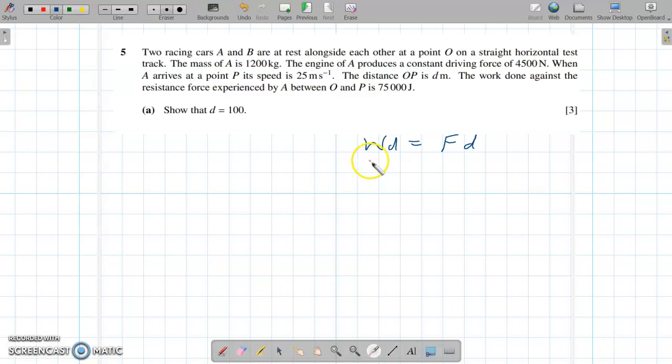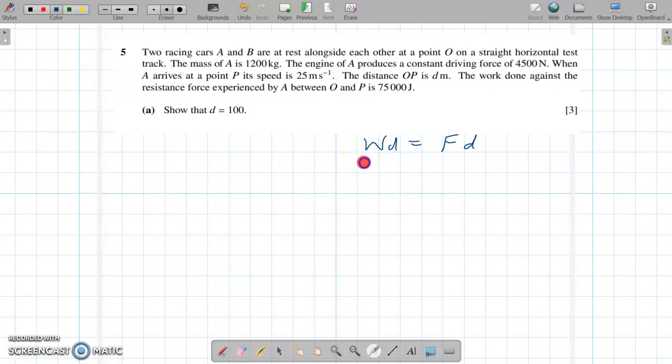Now, this is specific to a certain force. For example, the work done by the engine equals the driving force of the engine times the distance that the vehicle moved for. Or it could be work done against resistance equals the frictional resistance times the distance the object was moved. So these two correspond. This is not the total work done.